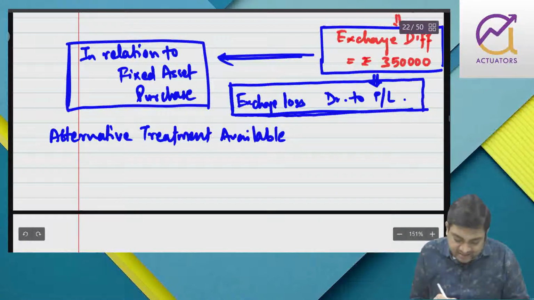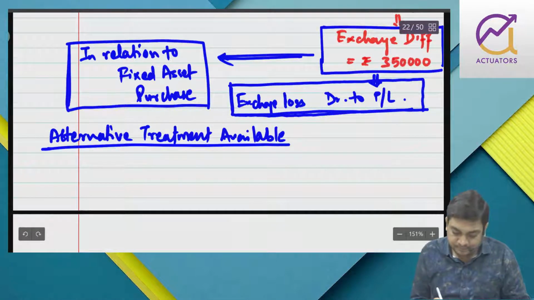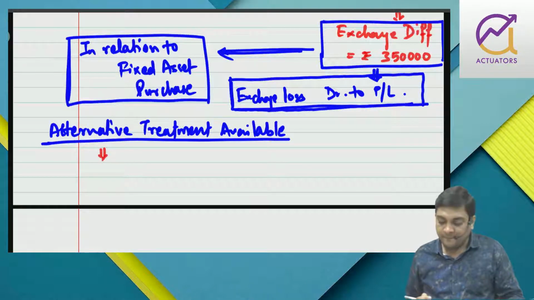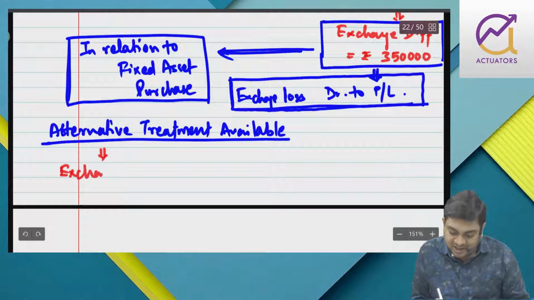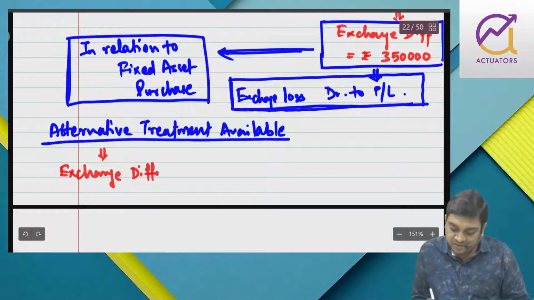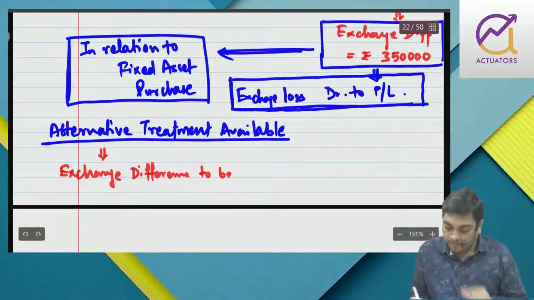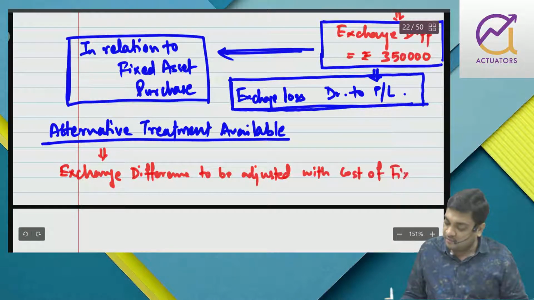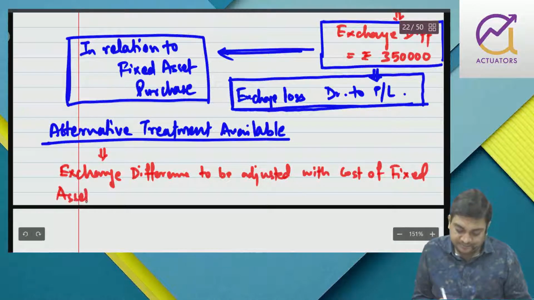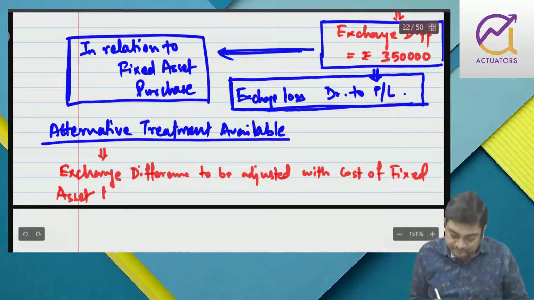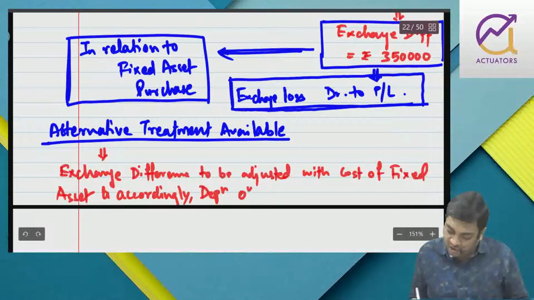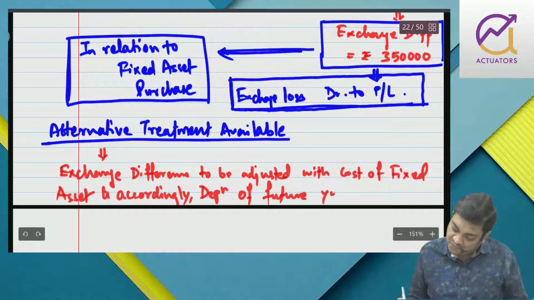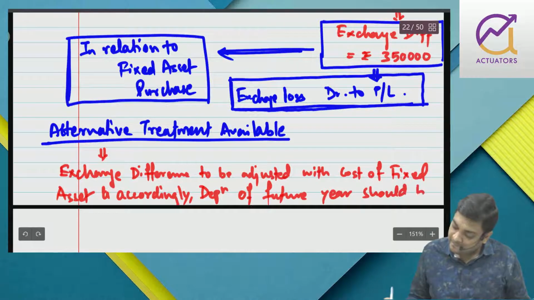So alternative treatment says exchange difference to be adjusted with cost of fixed asset, and accordingly depreciation of future year should be revised.